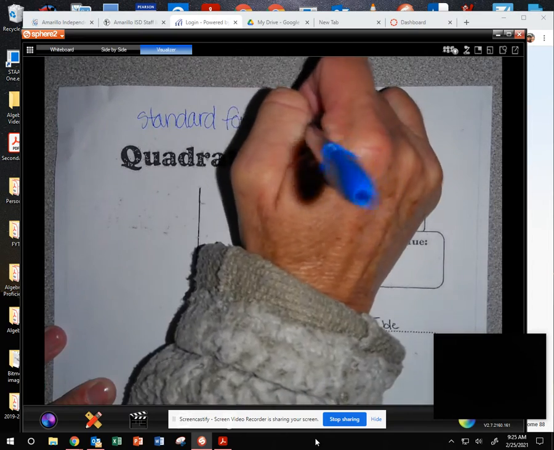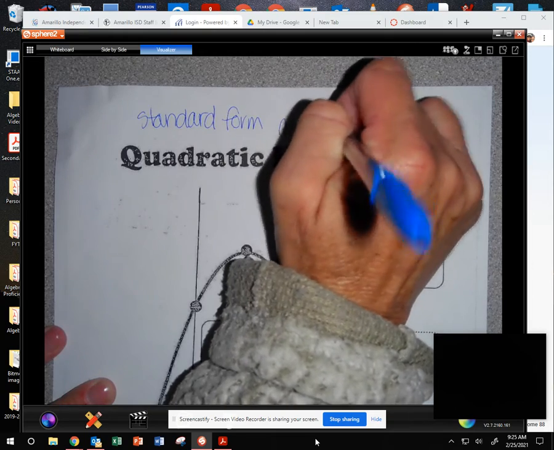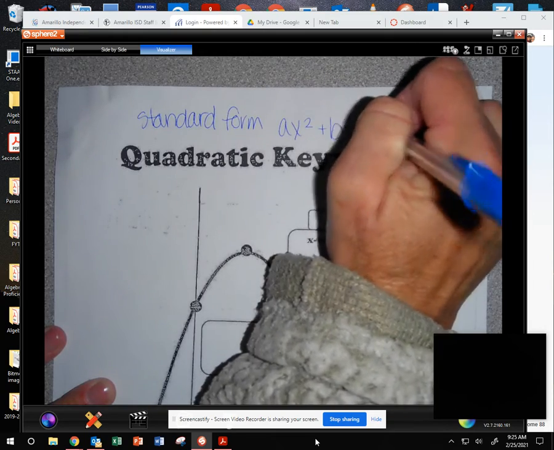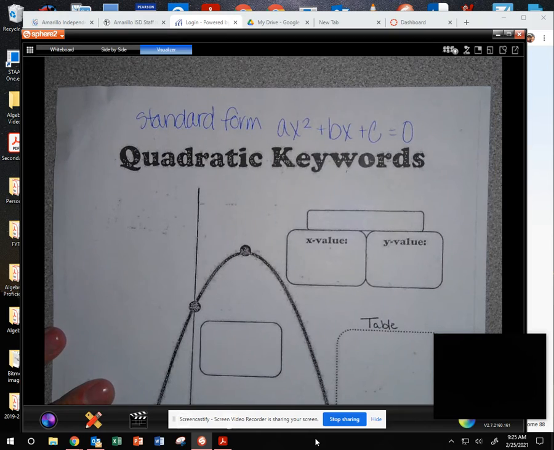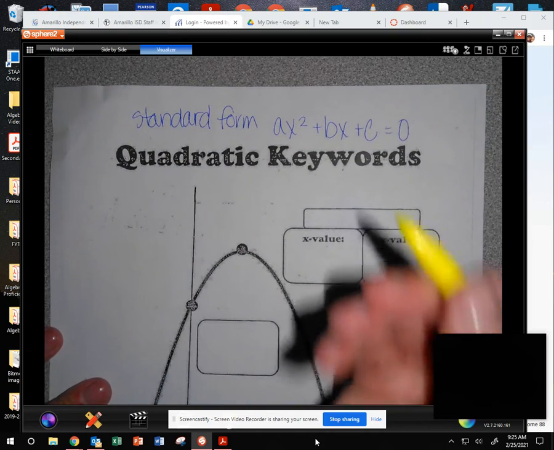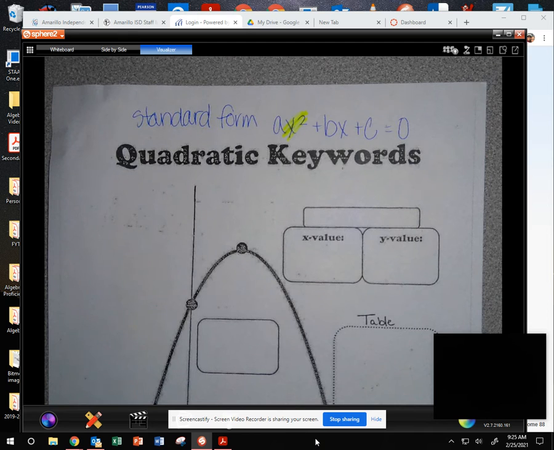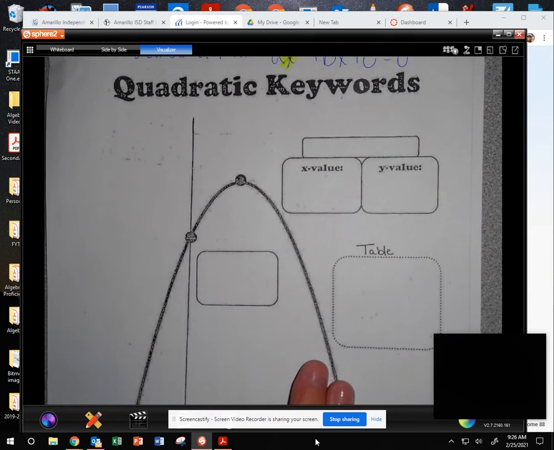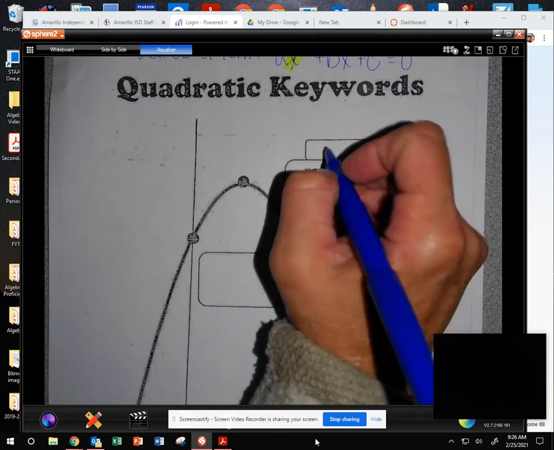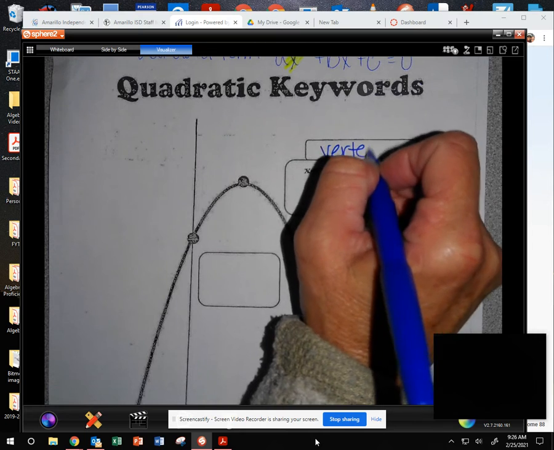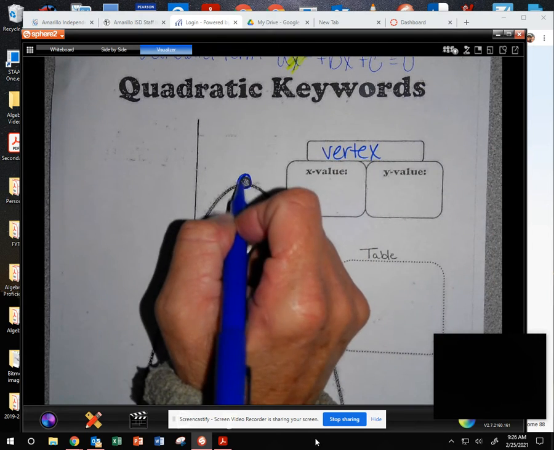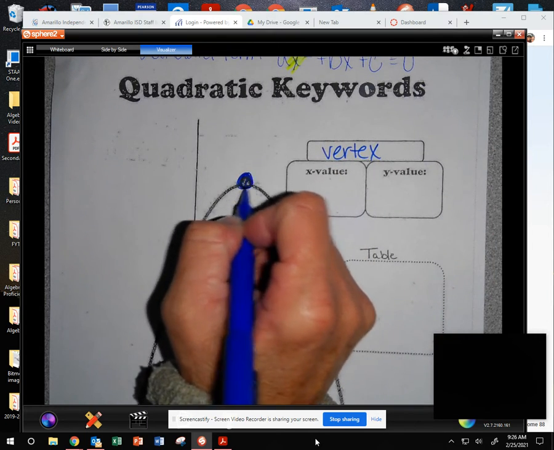And standard form is ax squared plus bx plus c equals 0. Okay, this x squared is what tells me I'm going to get a parabola. All right, so the first thing I want to talk about is our vertex. This is your vertex right here.